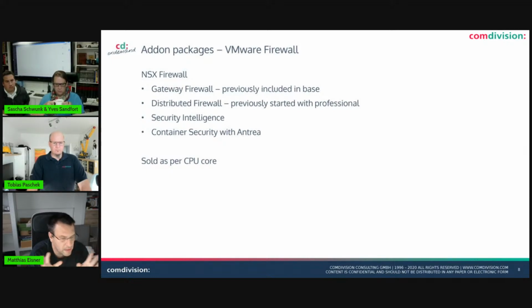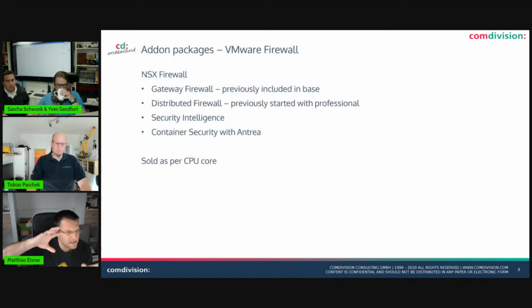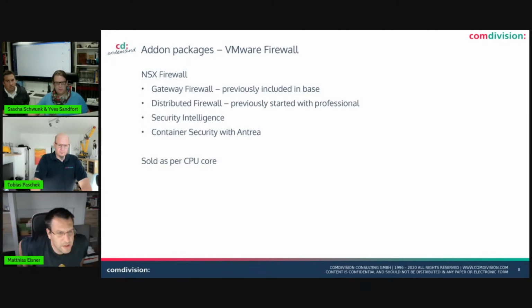So the Flex bundle, which is the base, contained the gateway firewall. If you wanted to use the distributed firewall in the past, you had to buy at least the professional licensing, right? Which is the next, larger license model that contained the distributed firewall. And then we had advanced and enterprise for EVPN and all that kind of stuff.